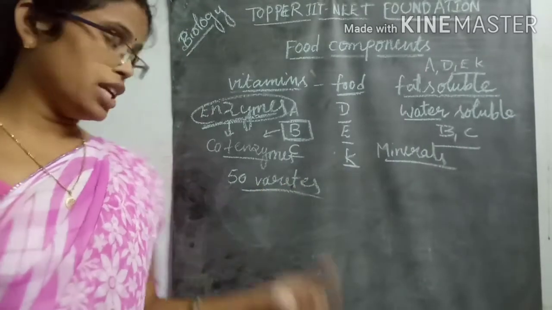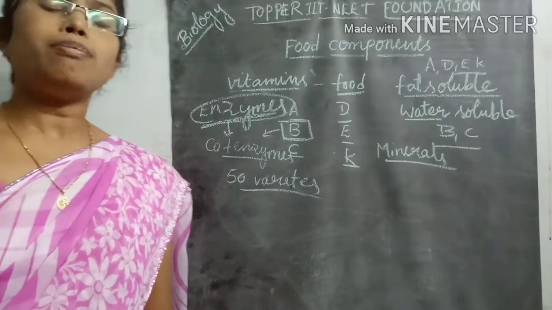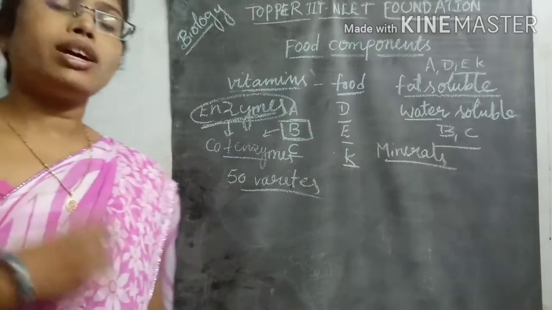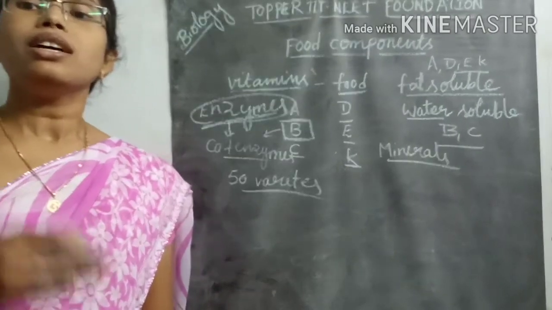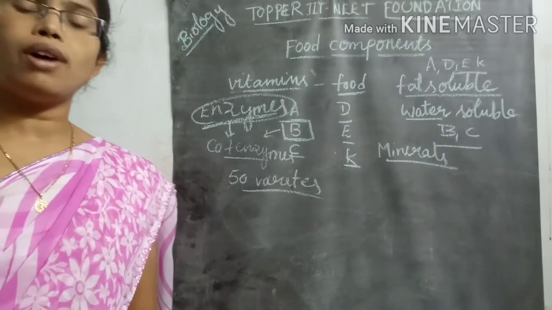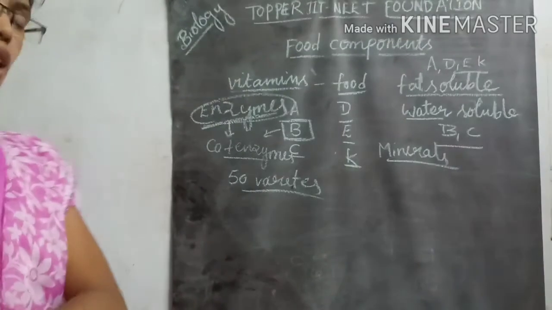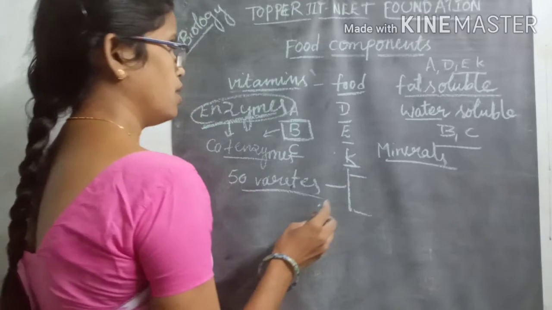In these 50 varieties, some of the minerals are required by our body in large amounts, and some are required in very small quantities. So there are two different varieties of minerals.